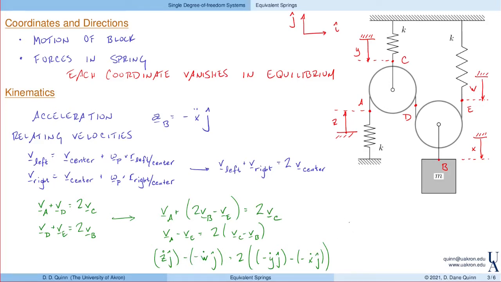And that looks like Z of t, again integrate this term, plus W of t is equal to, I'm going to factor out a negative sign from here, minus 2 times y of t minus x of t. So this pulley system introduces this constraint between the coordinates. And that just comes from the kinematics.